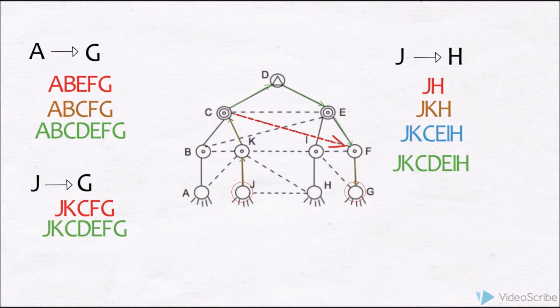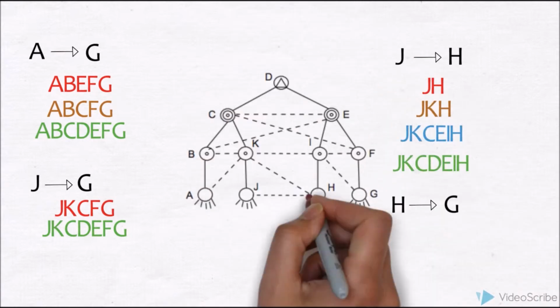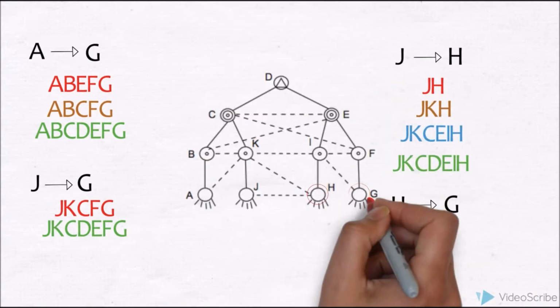I know you should be a bit tired right now of drawing arrows and writing letters and always doing the same. I know what you are thinking. This is so easy, but let's do a last try and then we are going to the next thing. The last routing we are going to do will be from H to G. Really simple.